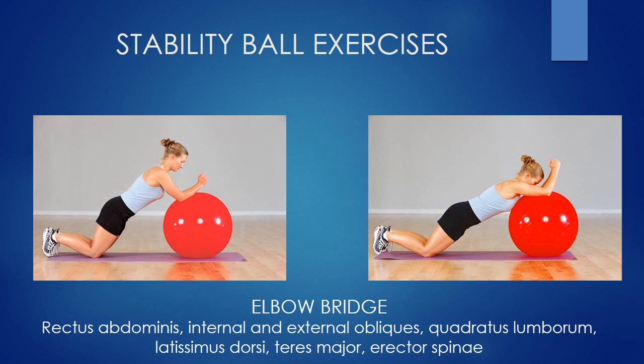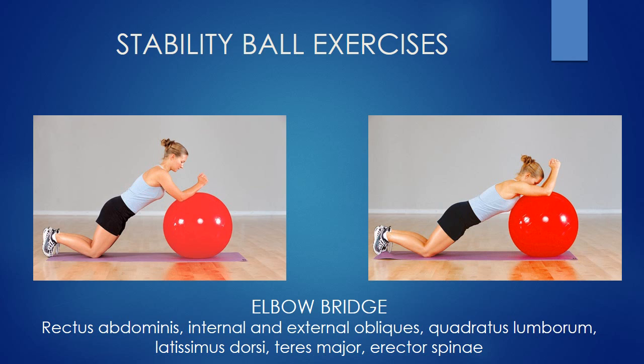Here's some other ideas. This is the elbow bridge. Again, this creates more of an isometric contraction through the rectus abdominis, through the quadratus lumborum. Also stimulates and activates some of the stabilizing upper spinal muscles and scapular muscles, such as the latissimus dorsi and the teres major.